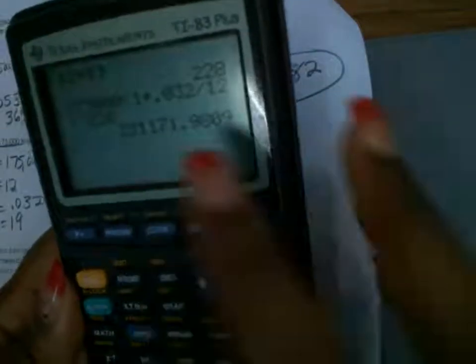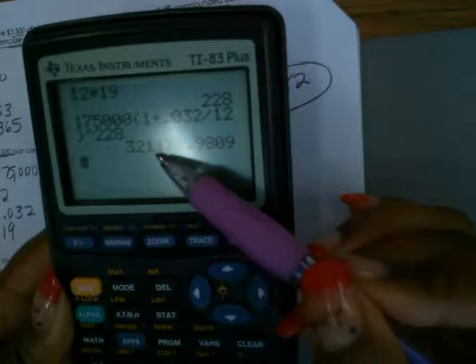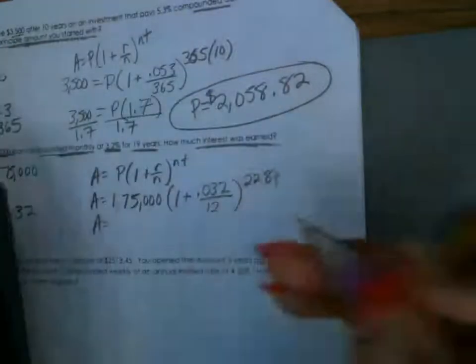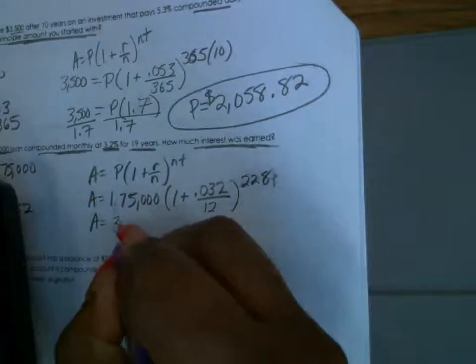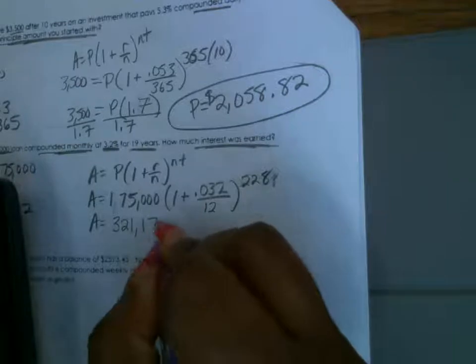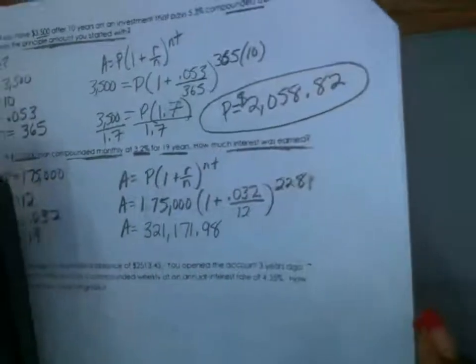Okay. All right, and so this gives you $321,171.98.